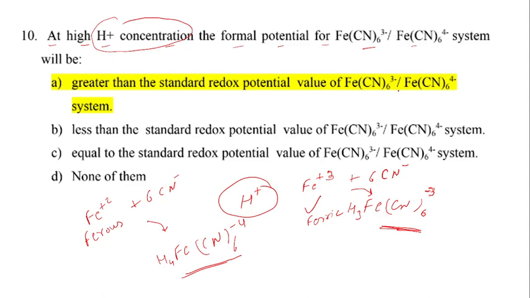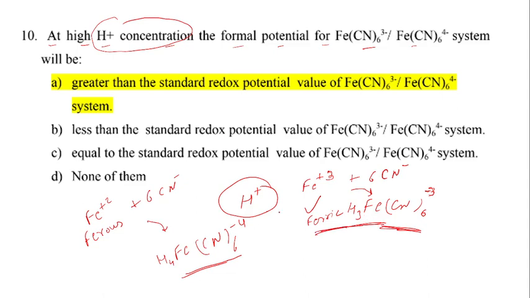Why is it greater? Because Fe3 is converting to Fe plus 2, but when hydrogen ion is attached, it has more tendency to attach with ferric.